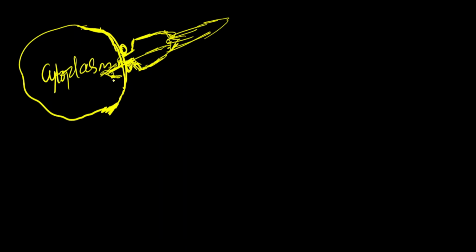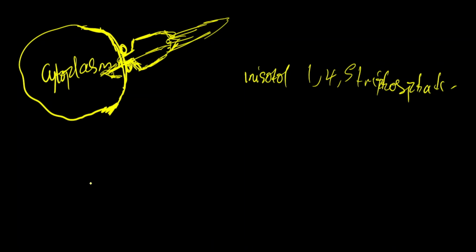The entrance of this cytoplasmic content of the sperm leads to the formation of inositol 1,4,5 triphosphate, mostly represented as IP3, which leads to the liberation of calcium ions from internal stores.